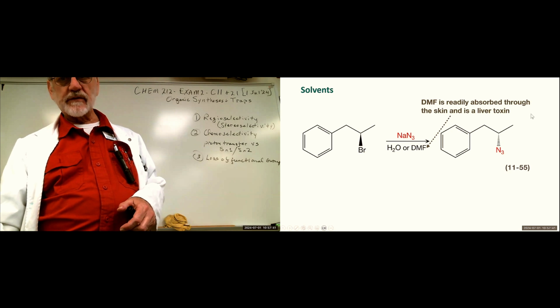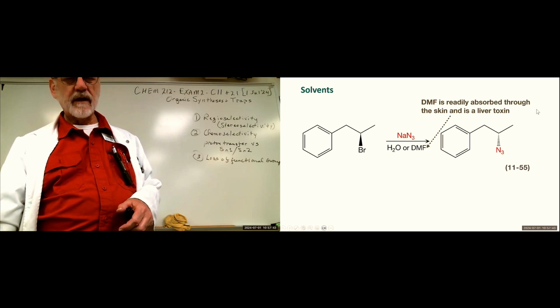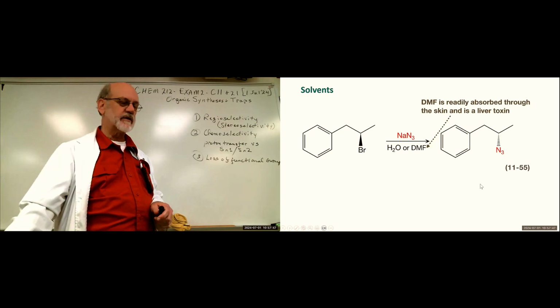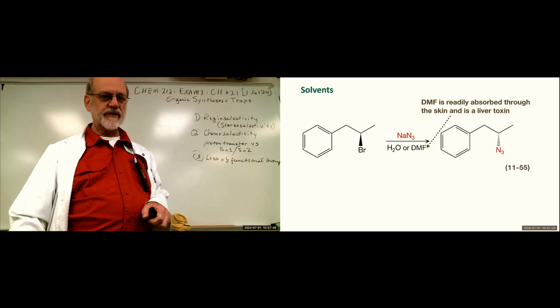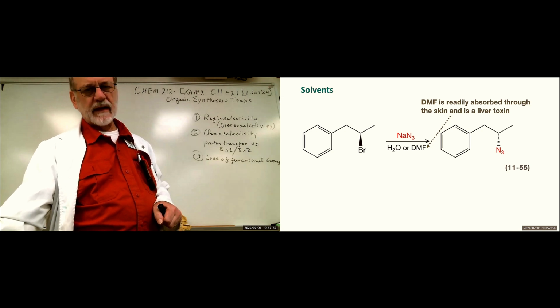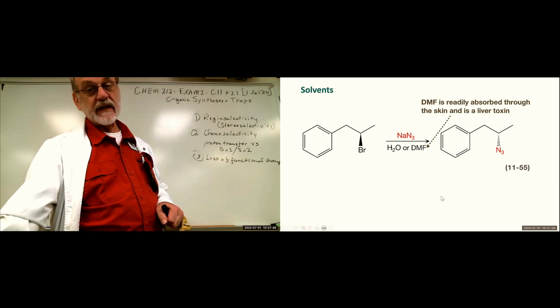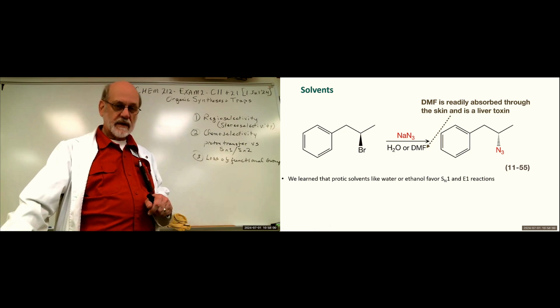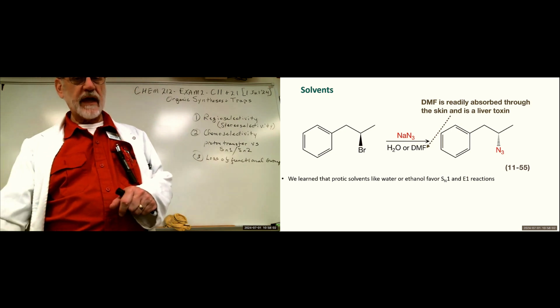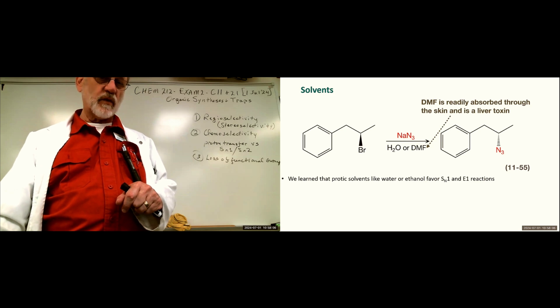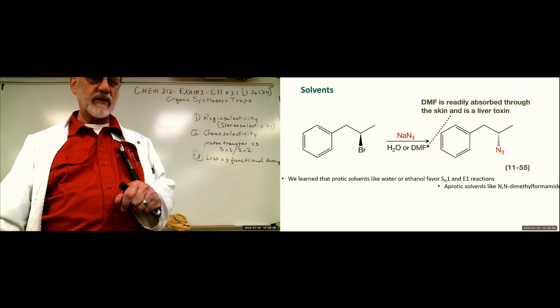Use different solvents. So DMF is readily absorbed through the skin and is a liver toxin. That's dimethyl formamide. To give you that product. So what if we use a solvent like water or ethanol, which favors an SN1 and E1 reaction?